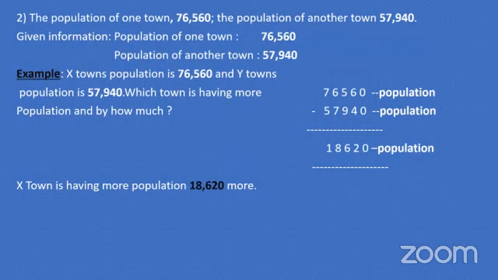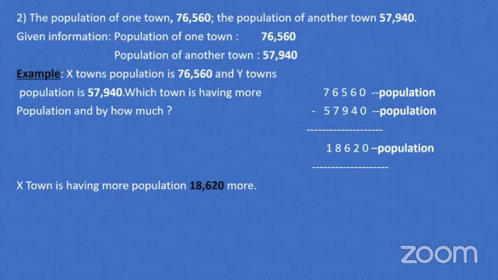So we have to make the example or the word problem. See, that word problem is already created there. X town's population is 76,560 and Y town's population is 57,940.